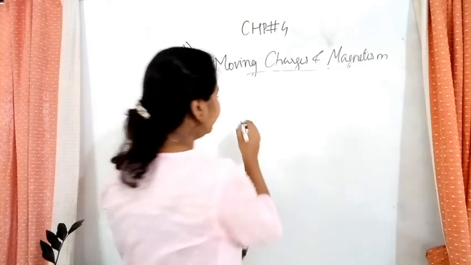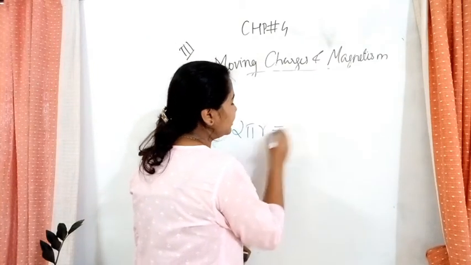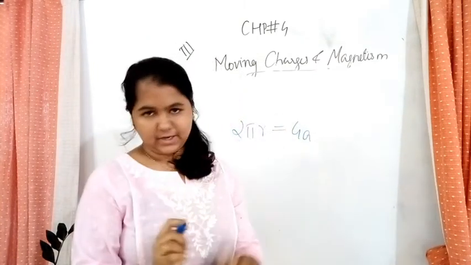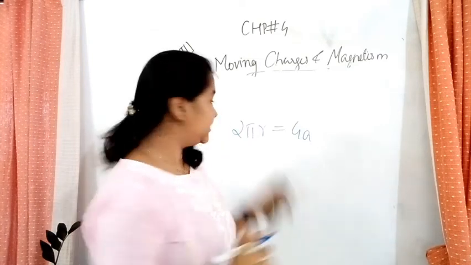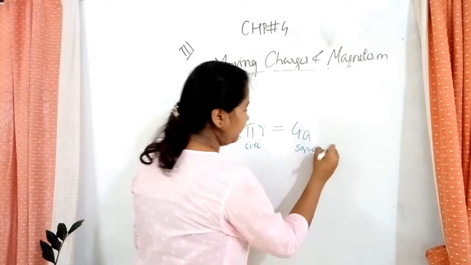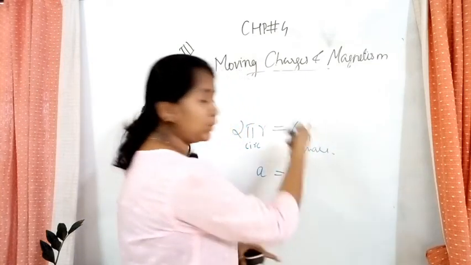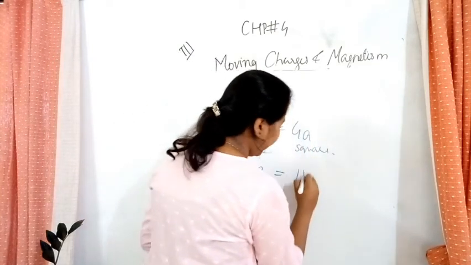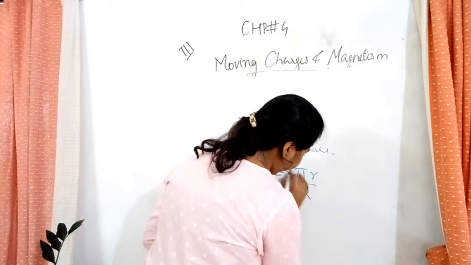For this question, 2 pi r is equal to 4a. It's given. Therefore, what can you conclude? This is for a circle and this is for a square. From here you can write a is equal to pi r divided by 2.